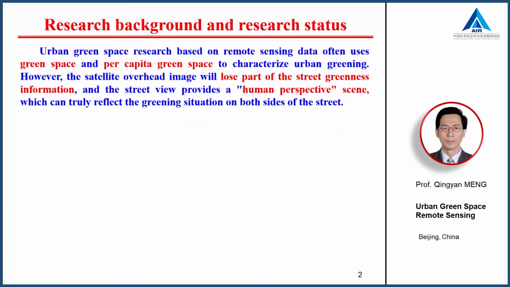So I have introduced street view images, which can provide a human perspective, the scene, and human contact, and can truly reflect the greening situation on both sides of the street.